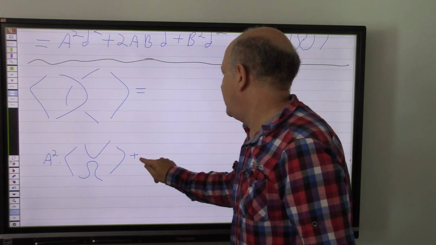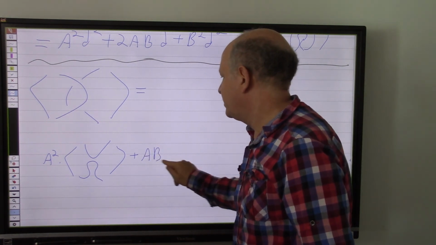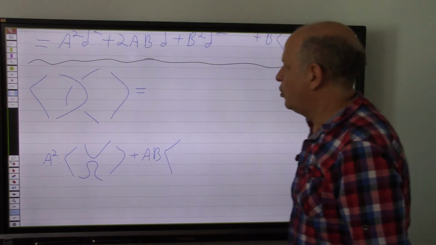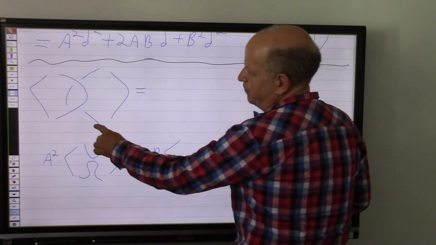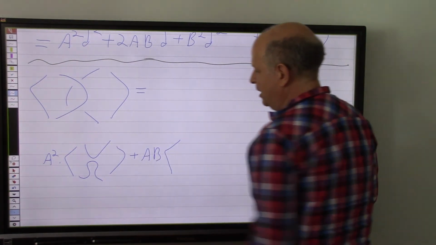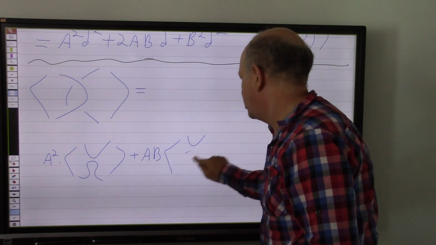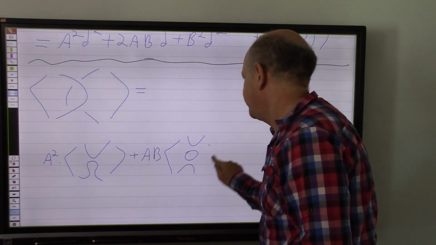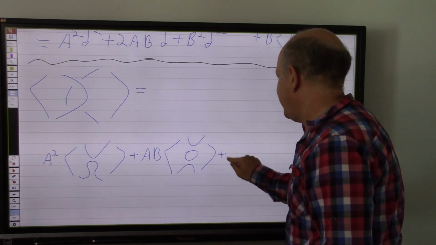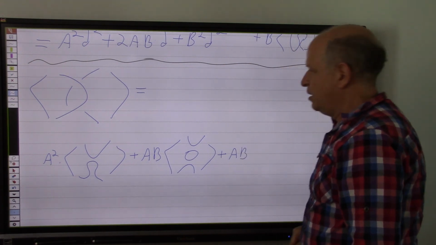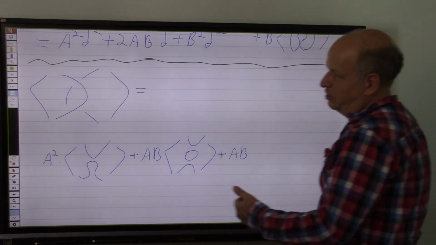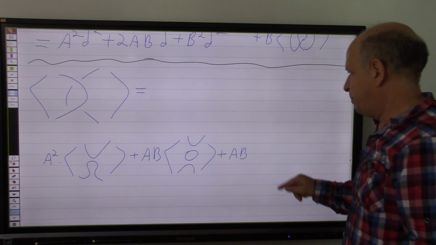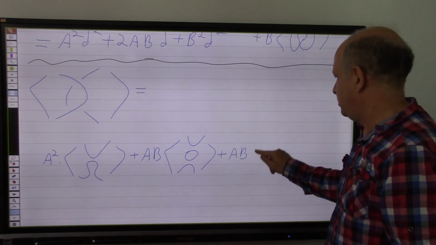Plus a times b times, if I flip the bottom crossing, I get a picture like this, plus again a times b. If I flip the top smoothing, I get a picture like this.